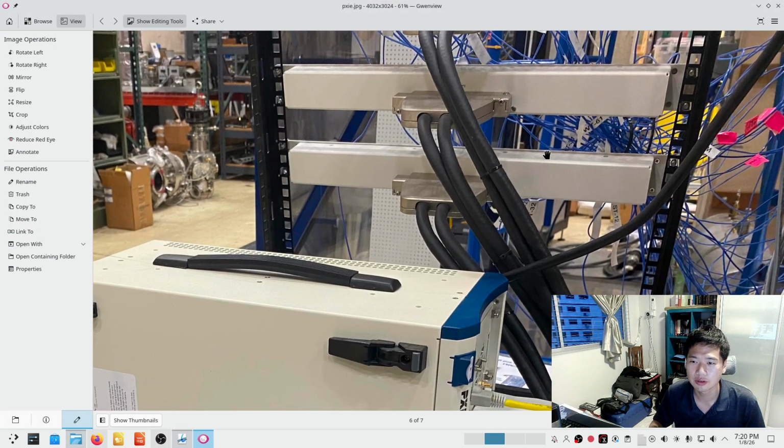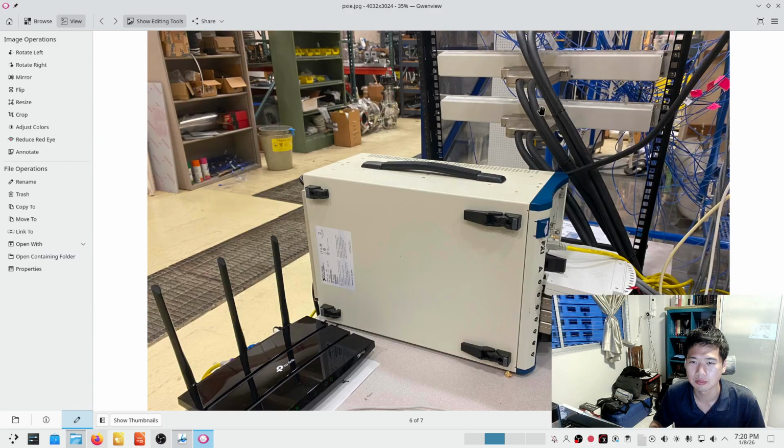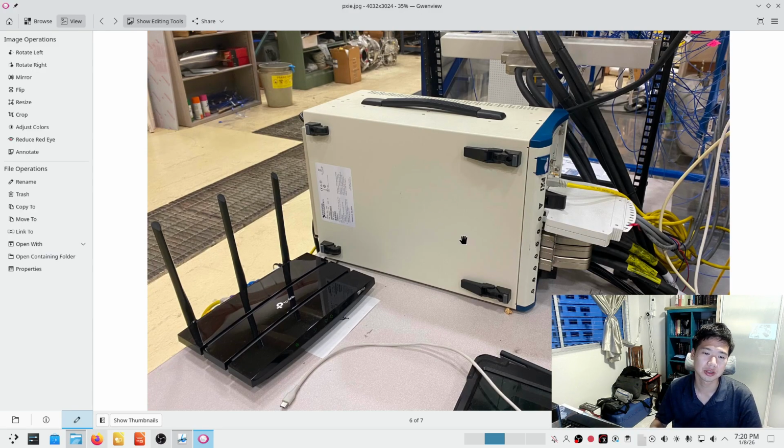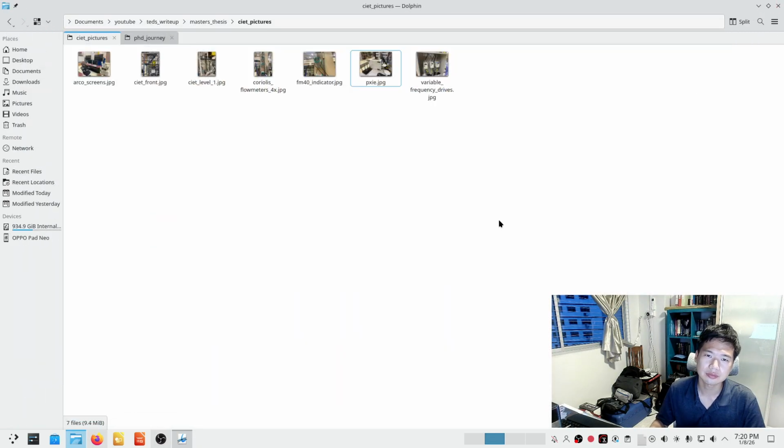The first floor of CIET is what you see behind this computing system, and all these wires will fit into the PIC right here. It's supposed to be connected to the computer via some LAN cable and router, so there was some IP address architecture I had to look into to try and debug this.